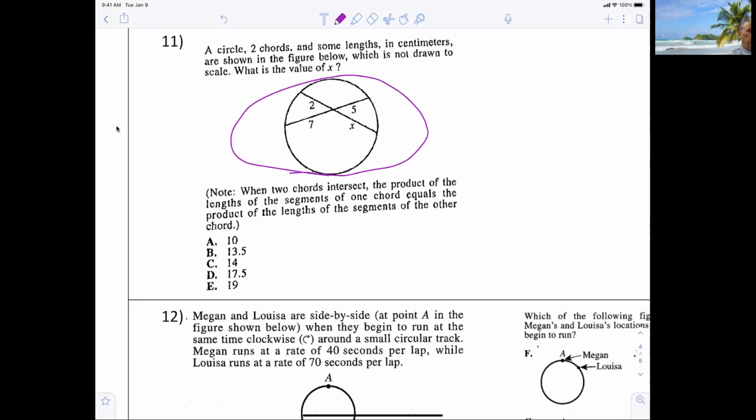So what did everybody get? Who said D? Why? Right, so tell me your equation, buddy. That's exactly correct. Thank you, Bill. Right?